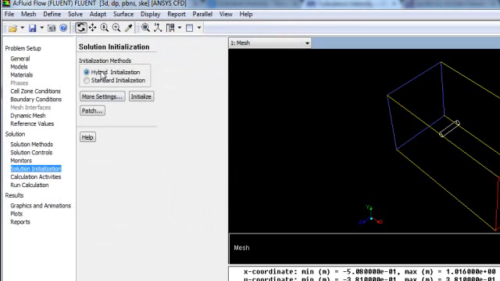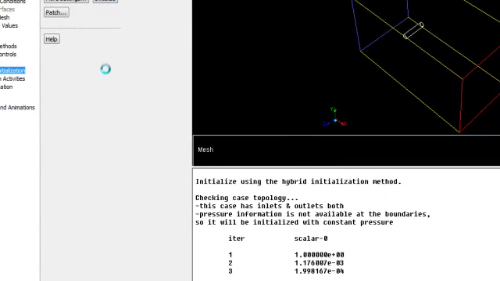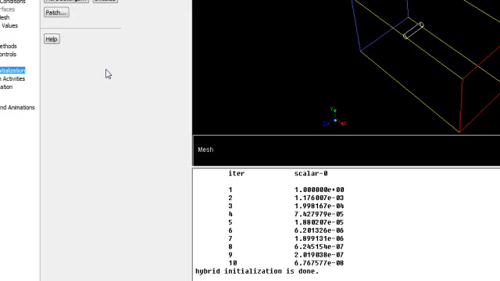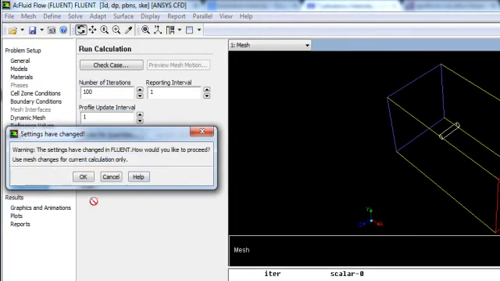Solution initialization, we will initialize the solution by hybrid initialization. So select initialize and it will initialize by 10 iterations. Then go to calculation and run it 100 times. So start calculation.